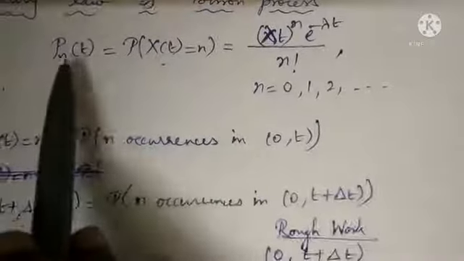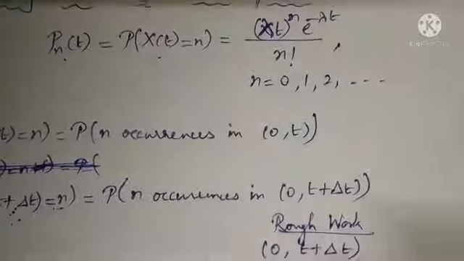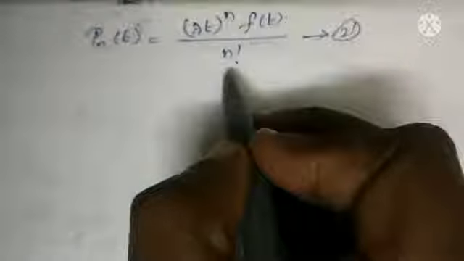Let us assume a solution more or less like this: let Pn of t be equal to lambda t whole power n into f of t by n factorial. The actual solution is lambda t whole power n e power minus lambda t by n factorial, so I consider a solution more or less like our exact solution.